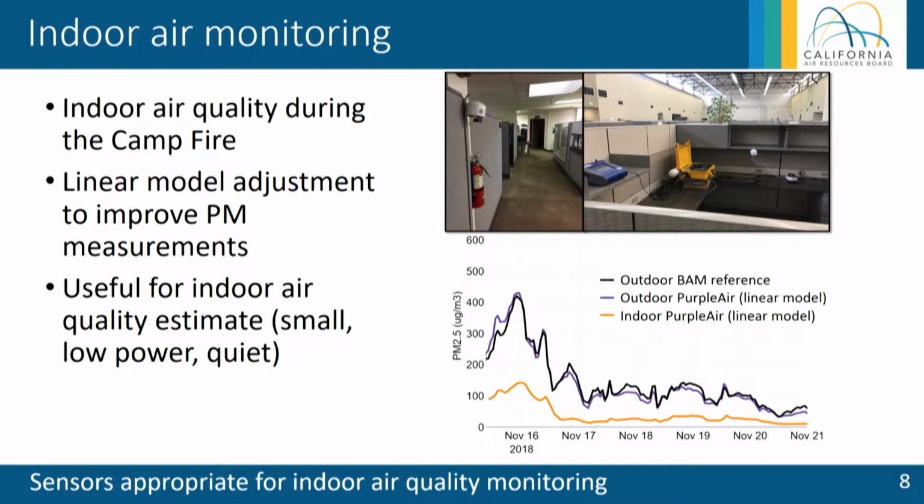There's a time series of PM 2.5, and the purple one is PurpleAir with the linear model adjustment, and the black one is the outdoor BAM reference. It really tracks well, and this orange one is an indoor PurpleAir. That way we really can measure good indoor PurpleAir. This demonstrates the advantage of the algorithm as well as the local sensor. It's small, low power, and quiet.